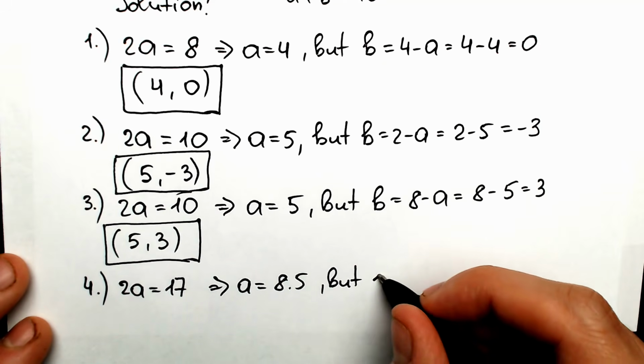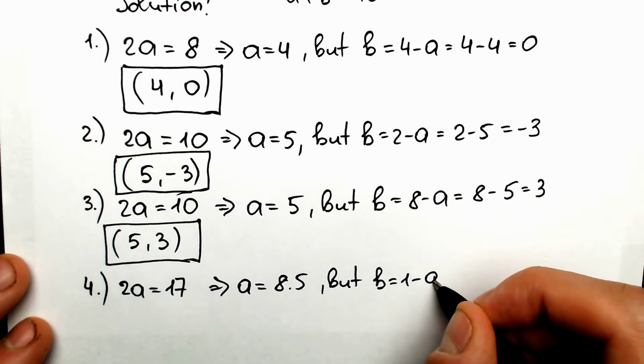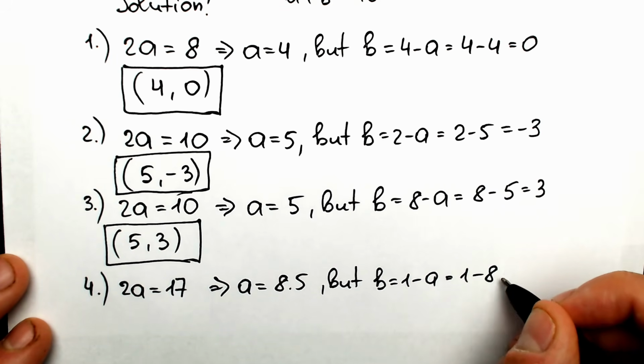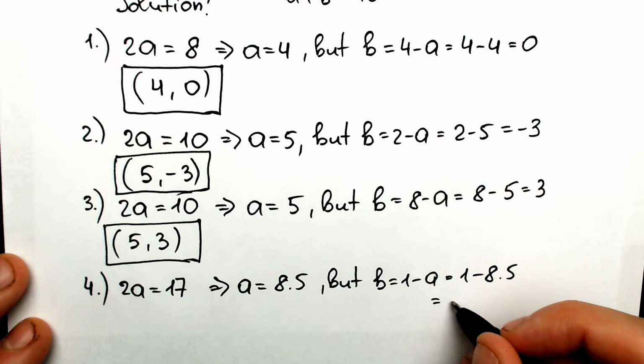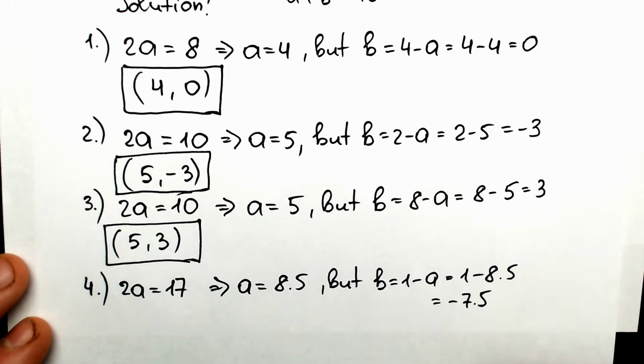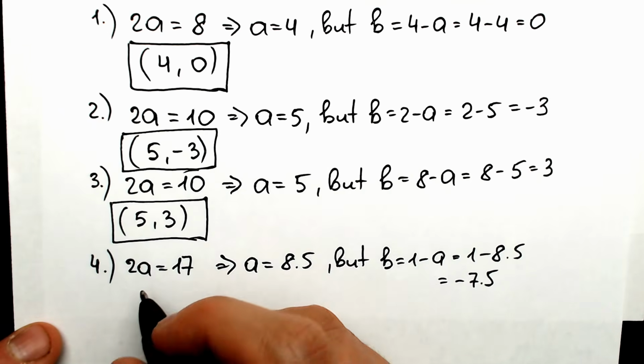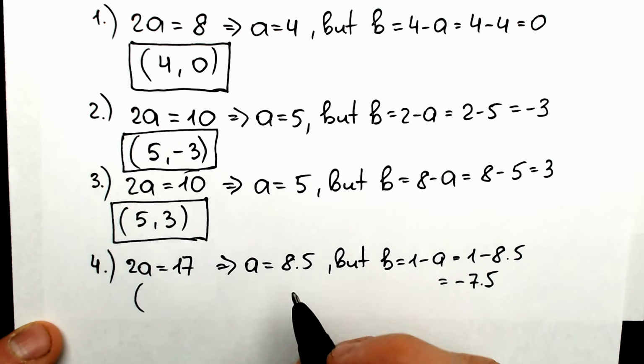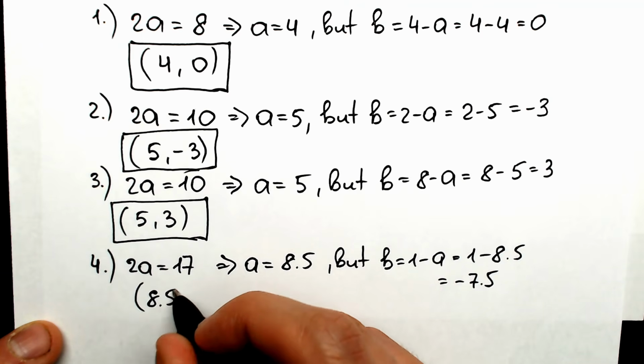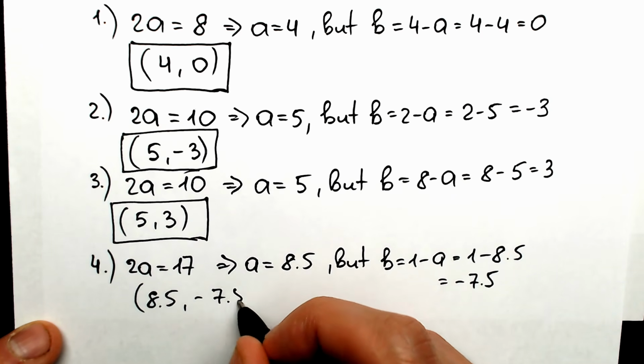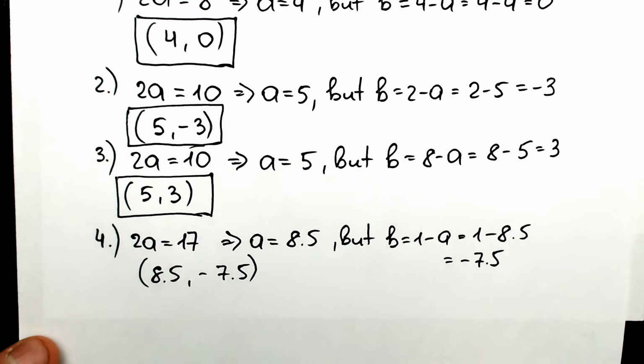So b equal to 1 minus a equal to 1 minus 8.5 equal to minus 7.5. And we have our fourth pair: 8.5 and minus 7.5. This is our fourth pair.